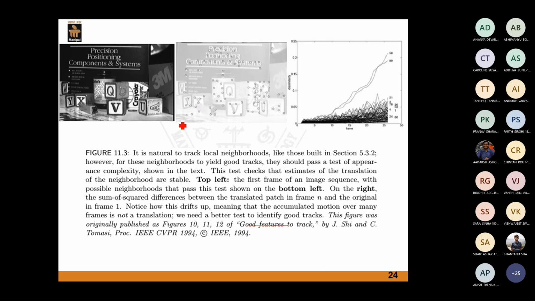In their study, if you're looking at this particular figure 1, it is basically an input image. And here the paper is trying to see what are some of the points or features that can be considered good enough for tracking.